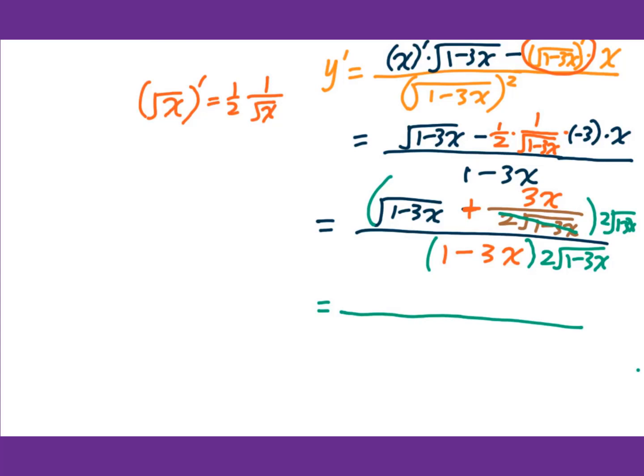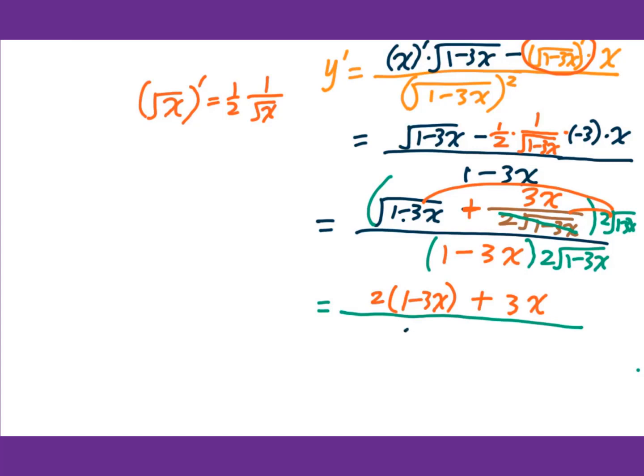So 2 times square root 1 minus 3x multiplied by the square root 1 minus 3x, because we got to do the distributive property. You will get the 2 times (1 minus 3x), then plus 3x.